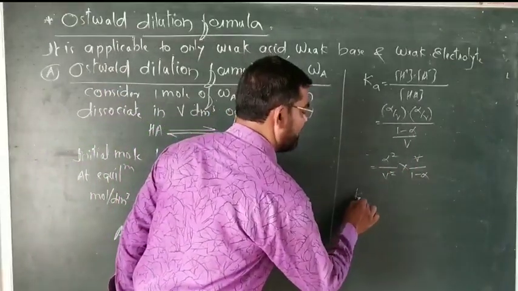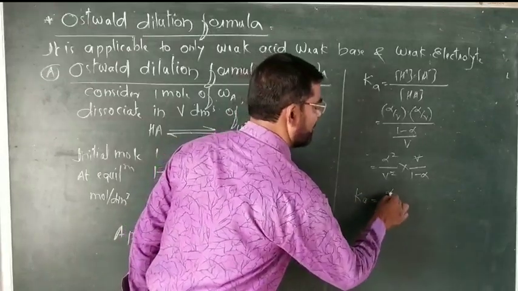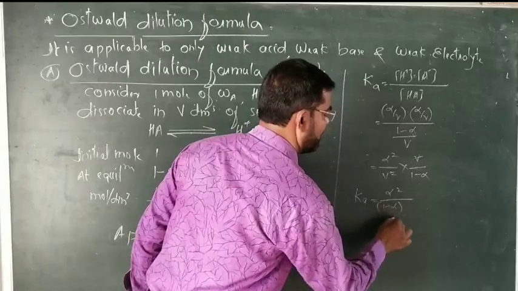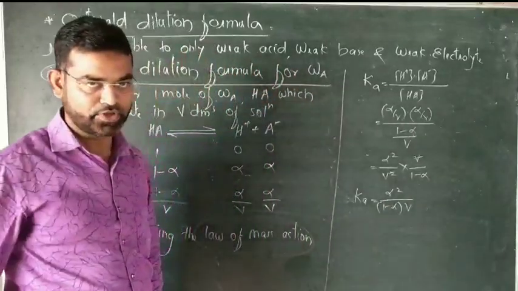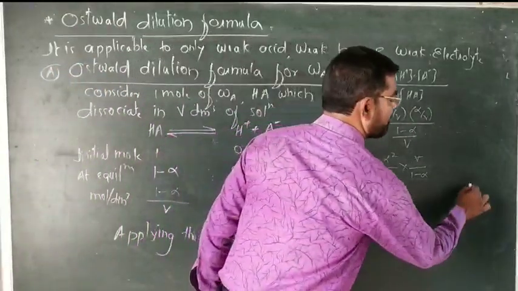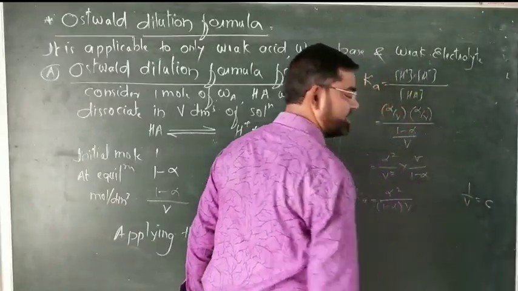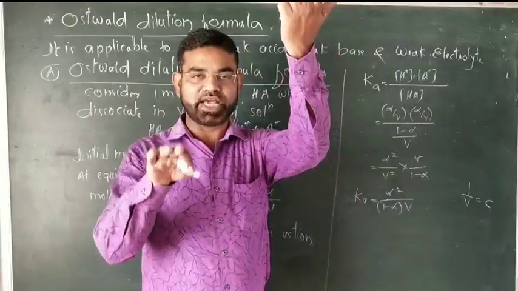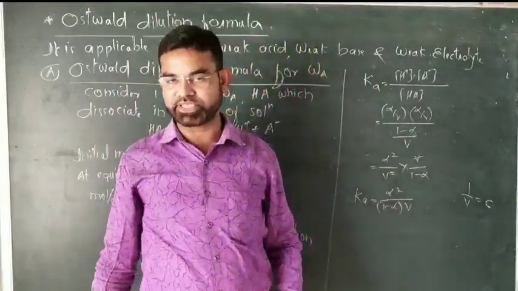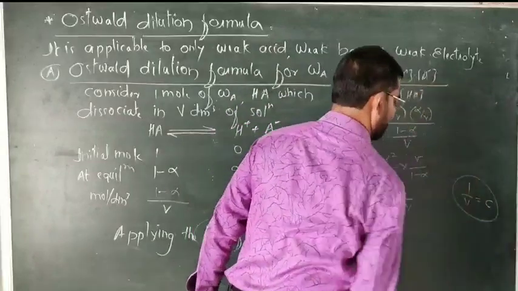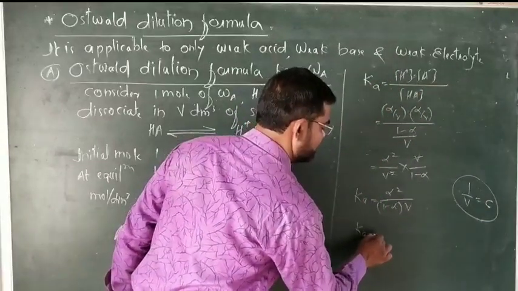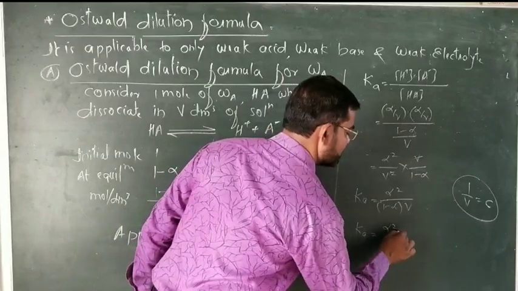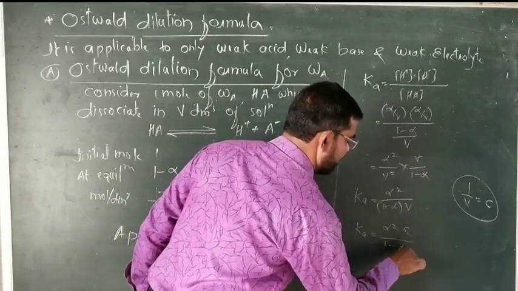We have Ka is equal to alpha square divided by 1 minus alpha into V. We know very well 1 upon V is equal to C and 1 upon C is equal to V, means concentration and dilution are inversely proportional. Therefore, we can say that Ka is equal to alpha square C upon 1 minus alpha.